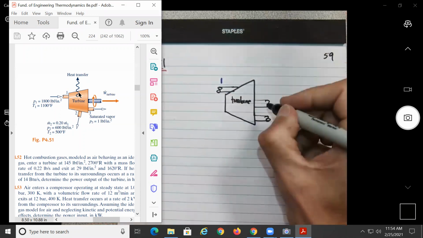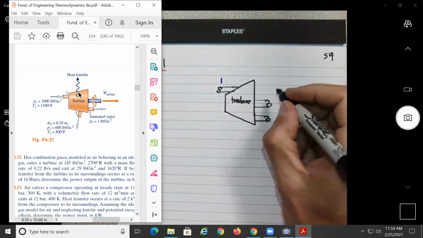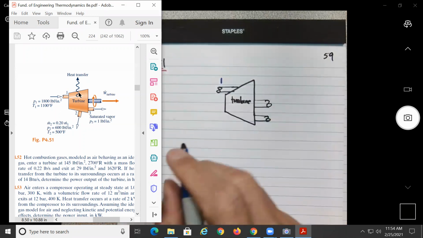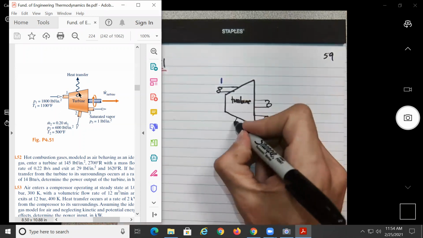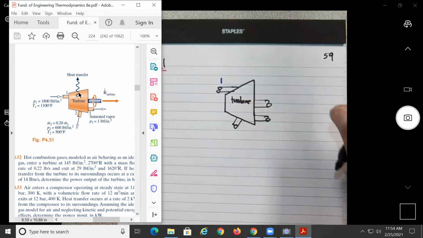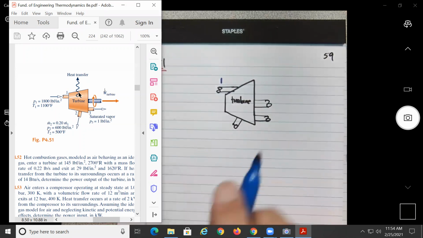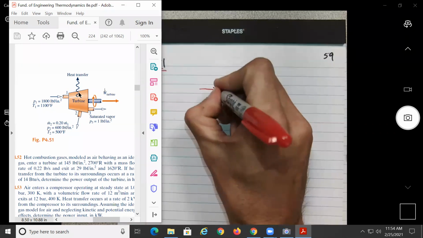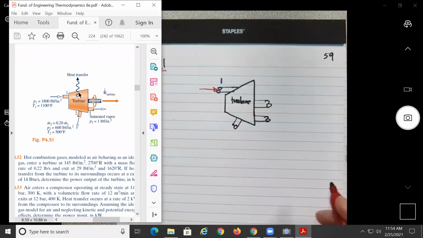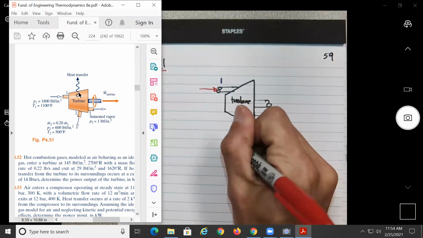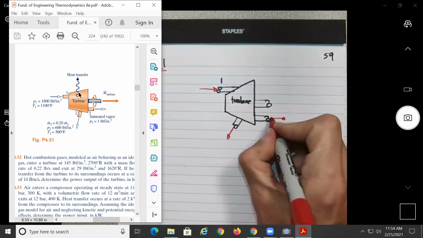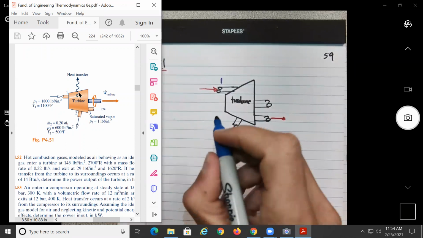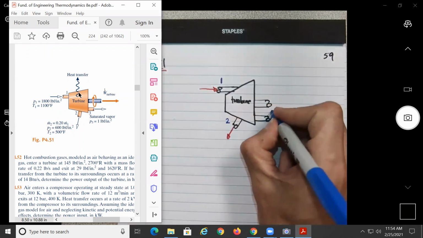This is a shaft, this is not an entrance or anything. So one, then there's another one here. So the flow comes this way, let me do it in red. All right, and leaves through 2 and 3. We have 1, 2, and 3.